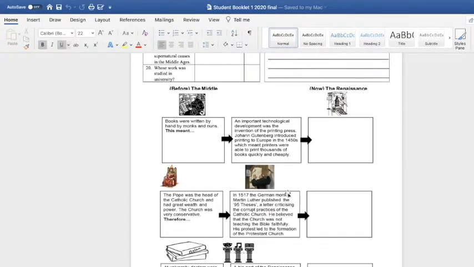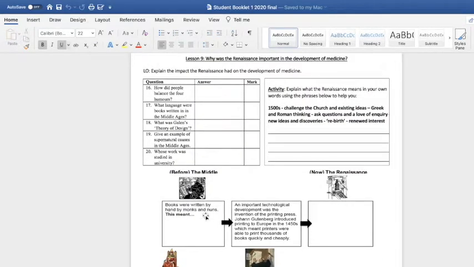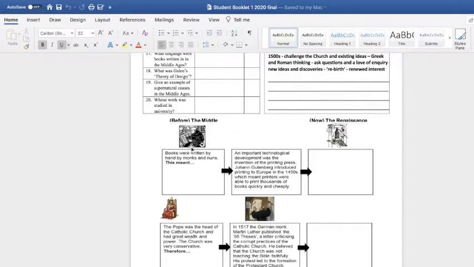On the left, the first column is a recap of the Middle Ages. You have here this first one about books, and you just have to complete the sentence. Over here it says books were written by hand by monks and nuns. Then you need to think, what does that mean?